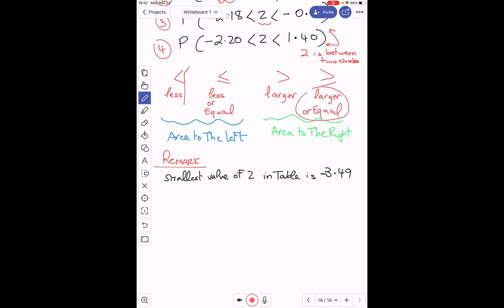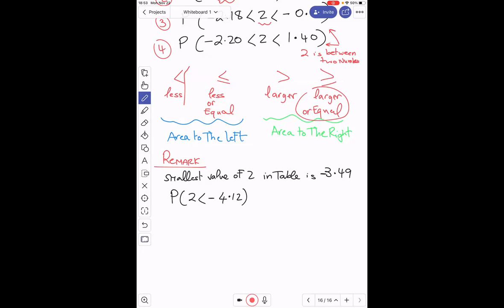So you may ask, what do we do if you have the probability that Z is, let's say, less than negative 4.12, for example? Negative 4.12 is less than negative 3.49.